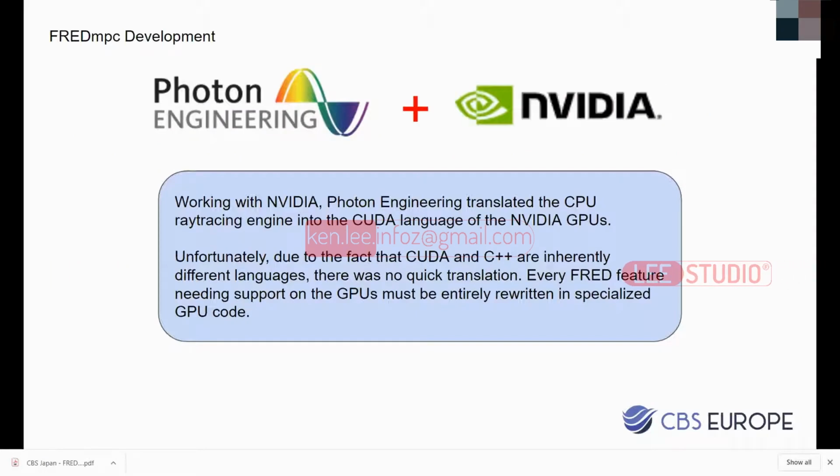Proton Engineering, back in 2017, started talking to NVIDIA and working with NVIDIA to understand how to translate the ray tracing to the GPU language. As you might already know, GPUs can also do ray tracing, generally speaking, and it's used in a lot of special effects for films and computer games.